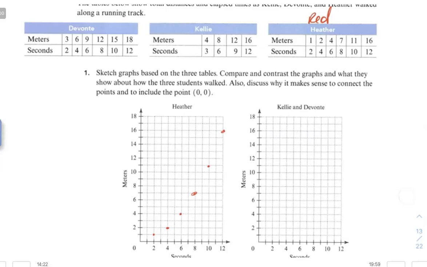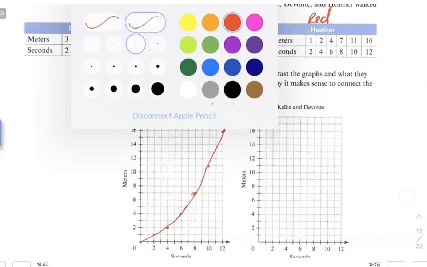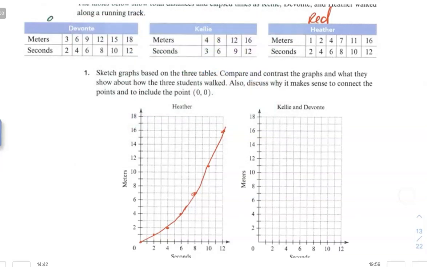And at 0 seconds, 0 meters, right? They start at the origin. If we draw this, we can measure Heather's time and distance at any given time, so we can draw a line through this.